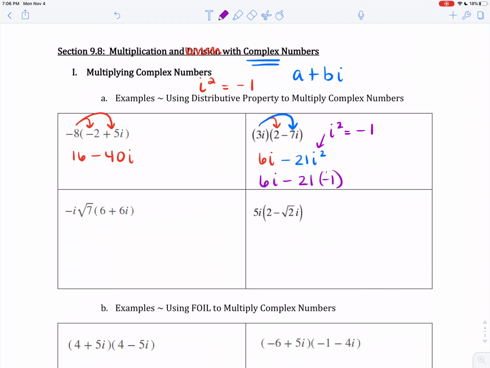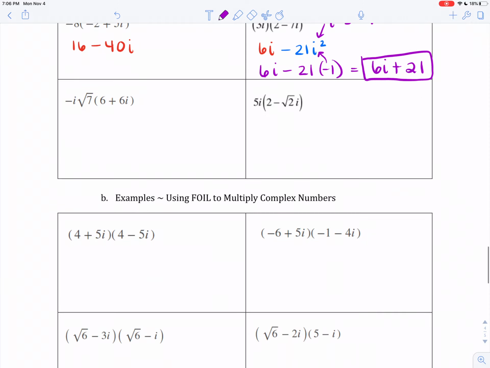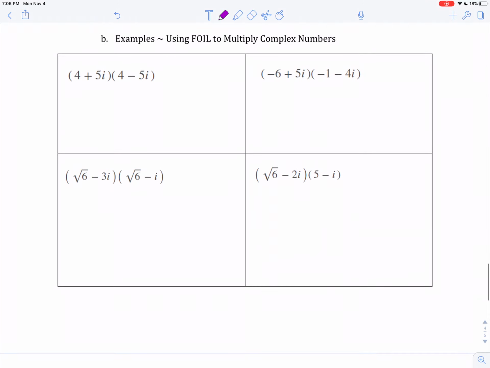That's what I mean by replace i squared with -1. And so this simplifies to 6i plus 21, which is right back to another complex number. That's going to happen similarly for the last two examples here as well. Distribute, and just remember, when you get an i squared, it is equal to -1. I'll post those two examples for you as well.